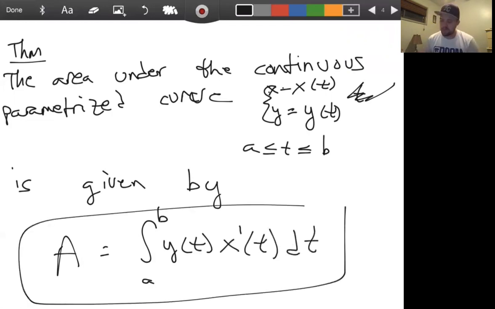So this is how we find area under the curve of a parametric curve, or a curve described by parametric equations.